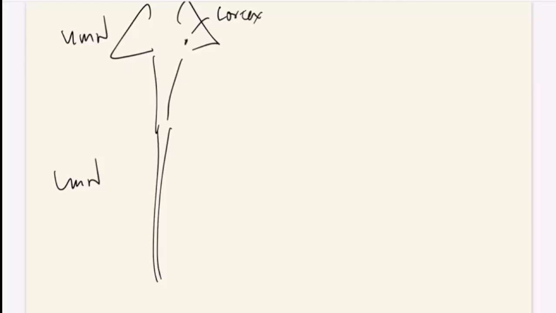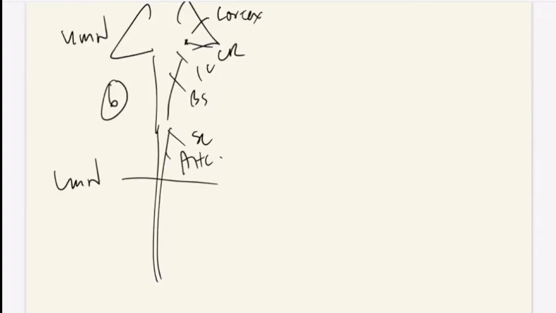The second is corona radiata, then internal capsule, brainstem, spinal cord, and anterior horn cell. So there are a total of 6 levels in the upper motor neuron. And then there are also 6 levels in the lower motor neuron. So we start from the anterior horn cell. A lesion in the anterior horn cell can have a mixture of upper and lower motor neuron features.